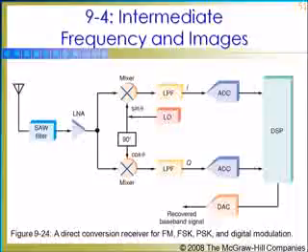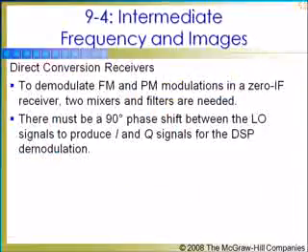The binary signals are then sent to a digital signal processor or the DSP. This DSP contains a pre-stored subroutine that performs the demodulation. So the output from the demodulation subroutine is fed to an external digital to analog converter or the DAC, where the original modulating signal is produced.